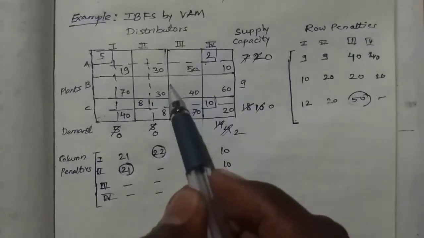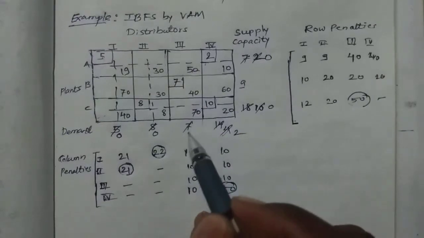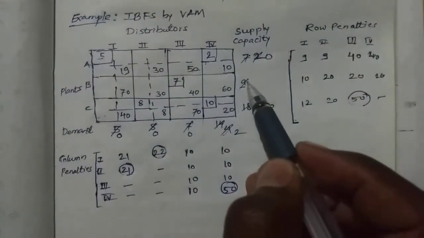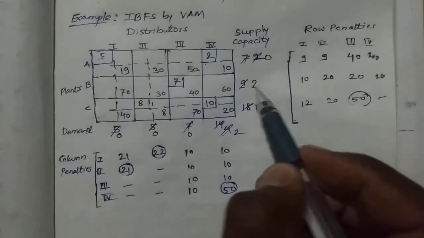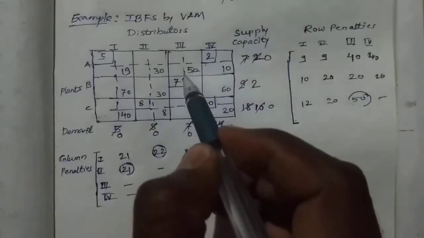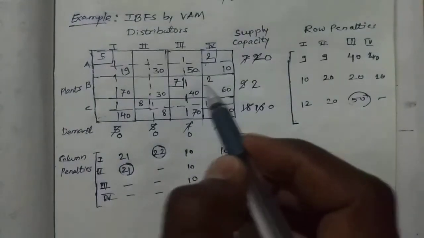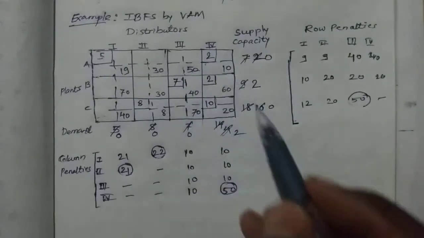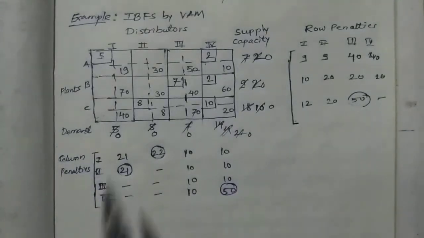So let us make the allocations as 7. 7 minus 7 is 0, 9 minus 7 is 2. So let us again eliminate this column and at last make the allocation here. Since this problem was balanced problem, so everywhere we will get the rim conditions as 0.